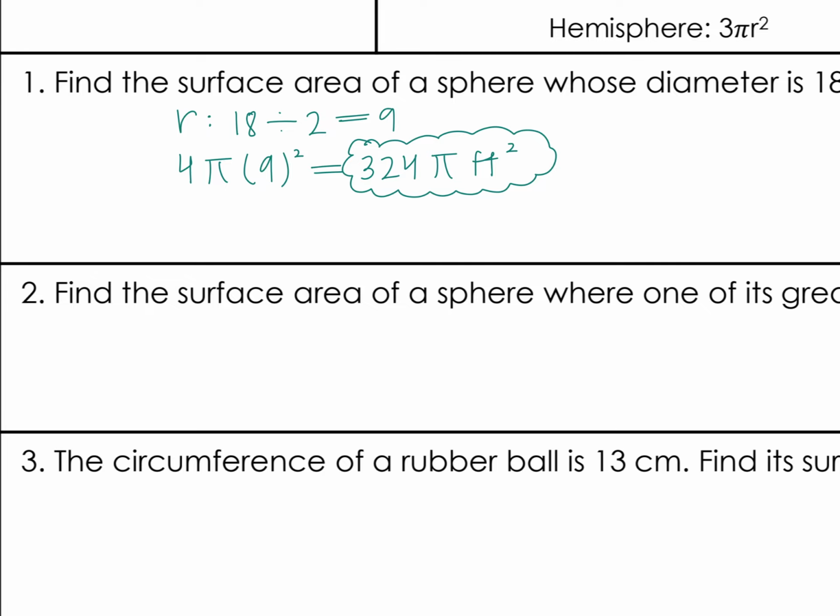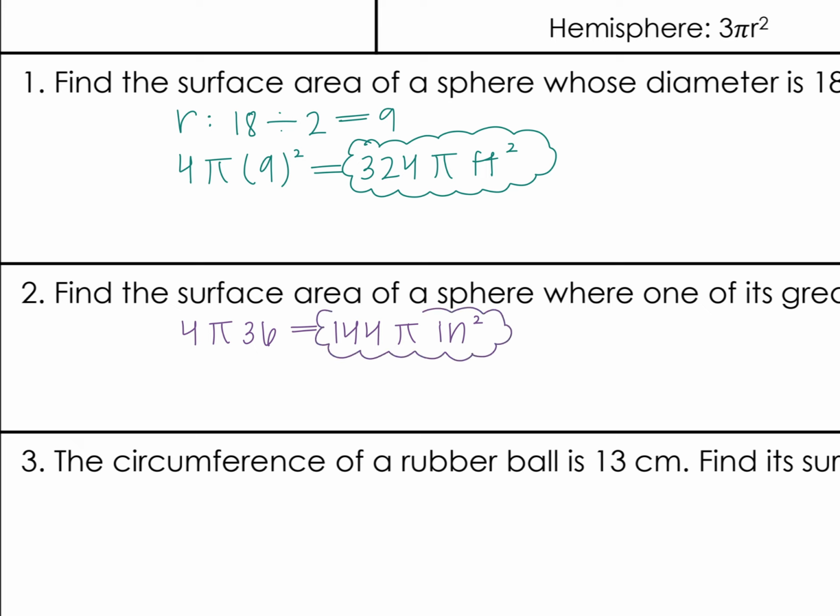So all we really need to do here is take the 4 pi radius squared, where the pi r squared is that 36 pi they gave us, and multiply together. So here, 4 times 36 is going to give me 144 pi, and we'll have our inches squared.